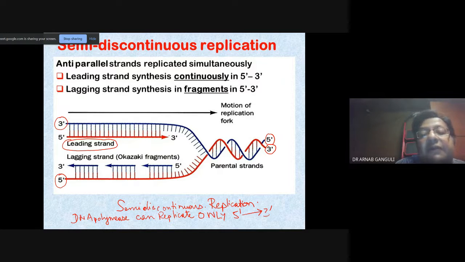There is no problem with it. 3 prime to 5 prime, opposite 5 prime to 3 prime, since the strands are anti-parallel.